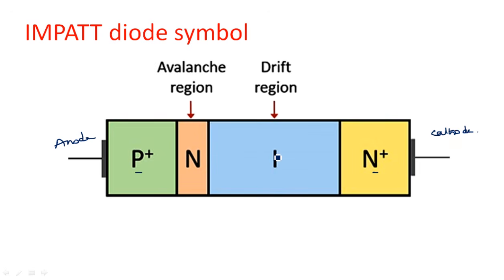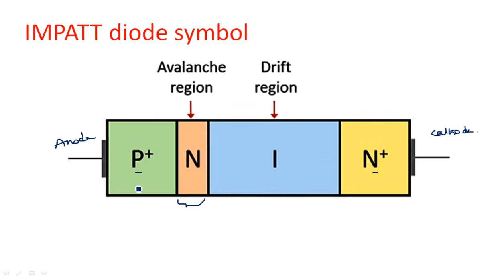In between we have one N region, lightly doped with N type impurities, along with the drift region. This intrinsic region is for the drift region. This particular region will be used as the avalanche region.